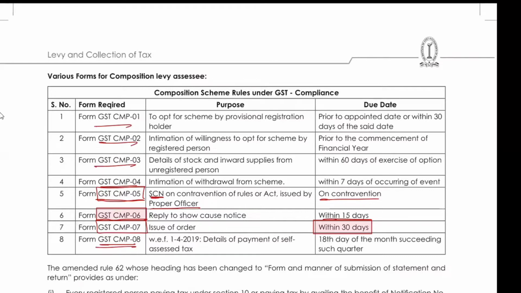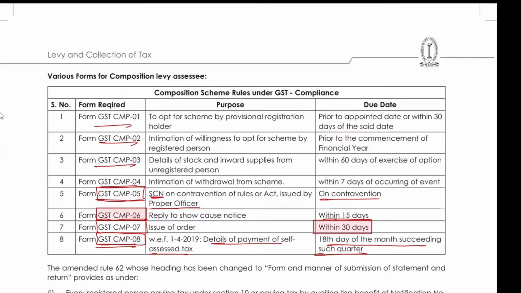After that, by 18th July, I have to file CMP-08 informing how my self-assessed tax was calculated and what I have paid. So details of payment of self-assessed tax are due by the 18th day of the month succeeding such quarter. CMP-05, 06, 07 are not that important, but you need to know.